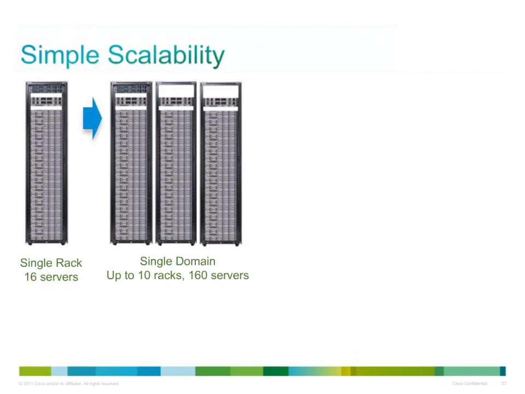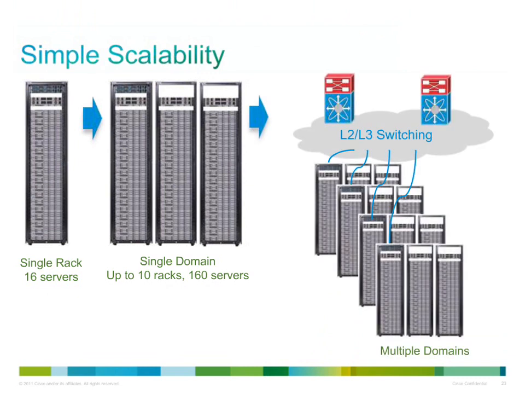If you step through the next part of the build, what you'll see is when we add racks, you'll have additional racks that come in with just the 16 servers and the fabric extenders. Those are inexpensive top-of-rack switching devices, but those fabric extenders plug into the central fabric interconnects.